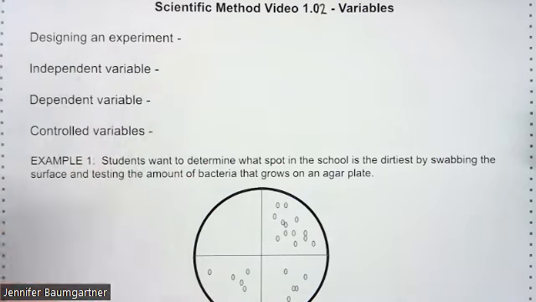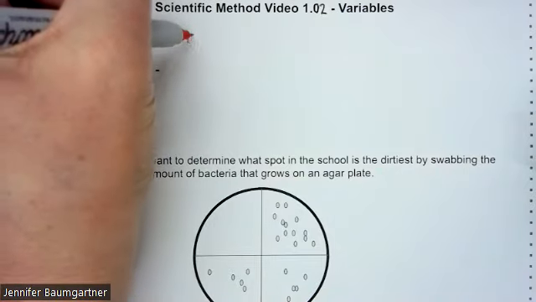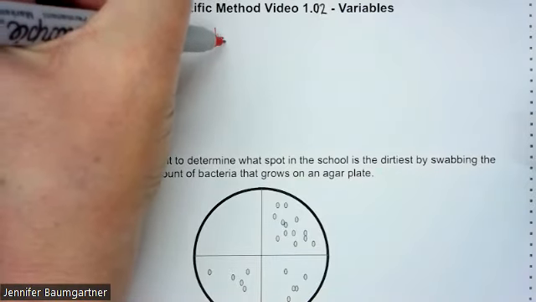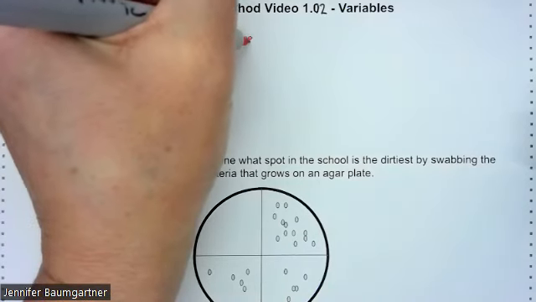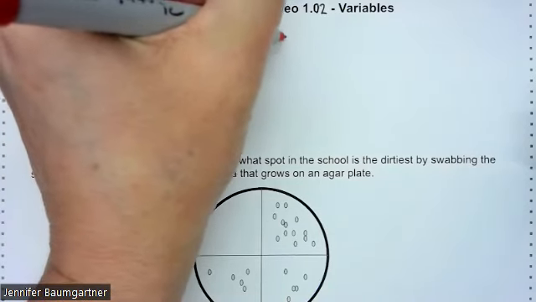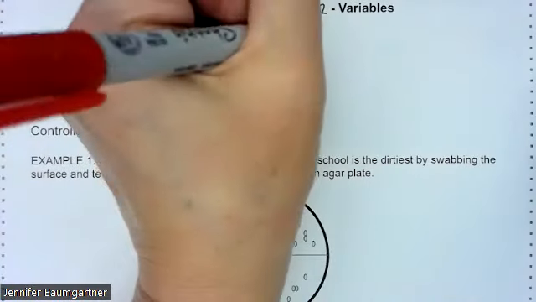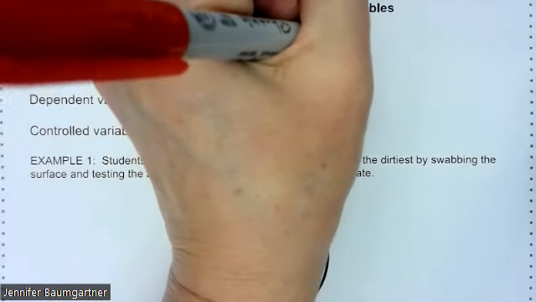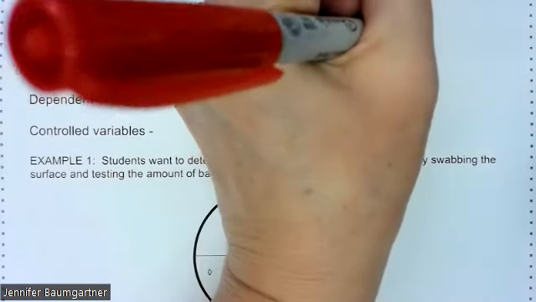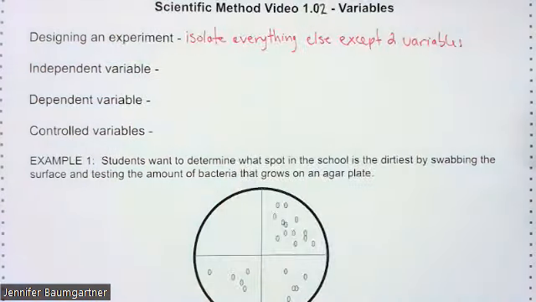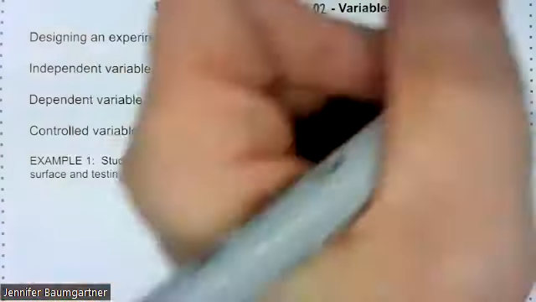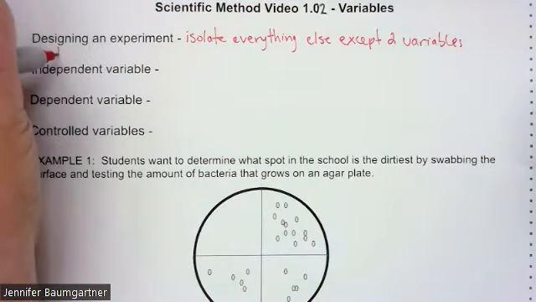So remember, our big thing here is we want to isolate everything else except the two variables being tested.